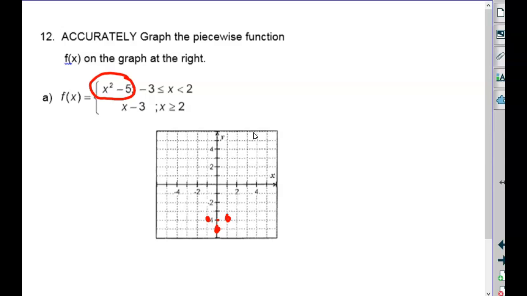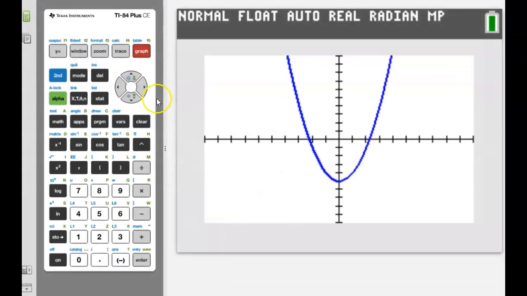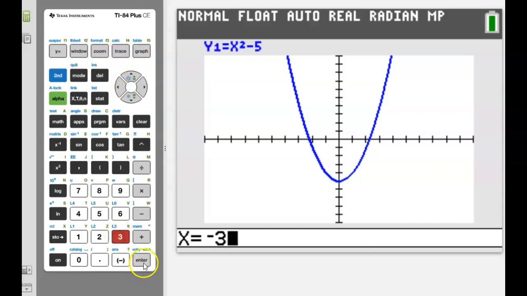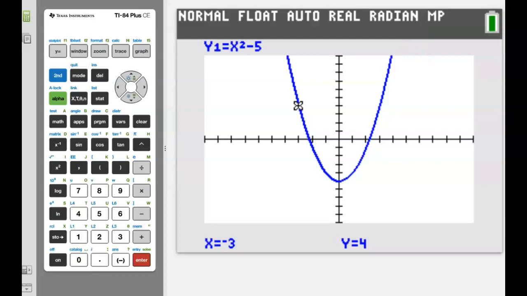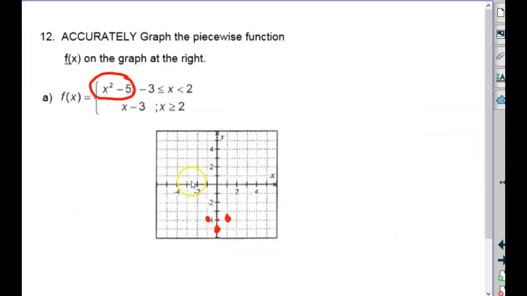So I have to erase it. Well, here, I can use my calculator graph. Trace -3. It is at 4. So at -3, 4 over here. Solid or open circle?